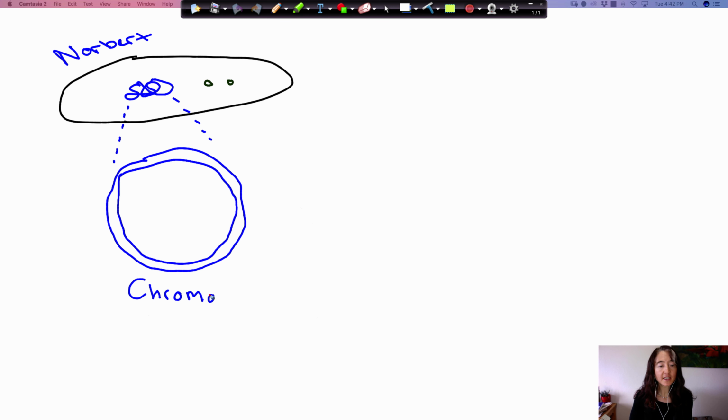Now, technically, the genome is just defined as a combination of the chromosome and the plasmids. So now we can take a look at the plasmids, and we could also zoom into those. So if we just said chromosome plus plasmids, let's just do that.